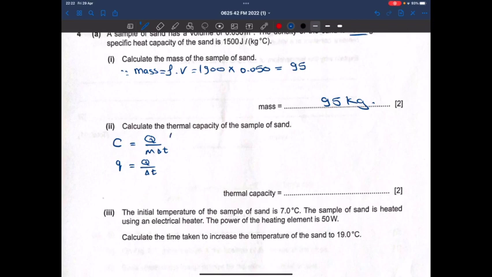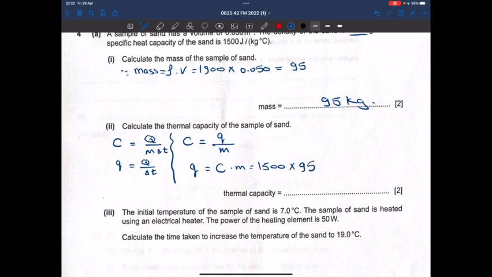If you take a closer look at these two laws, we can write C equals Q divided by delta T, still divided by mass. That means thermal capacity, which is Q, equals C times m. C is the specific heat capacity, which has been given here, it's 1500, times the mass, which is 95.